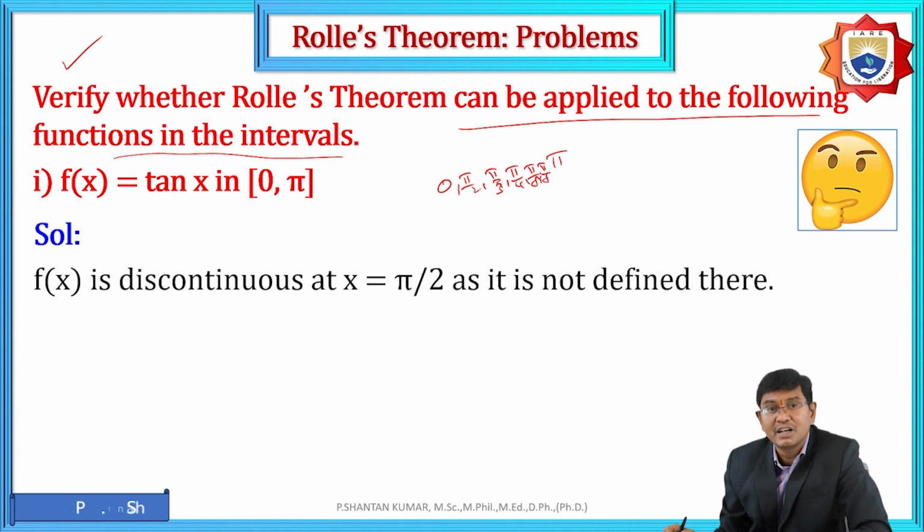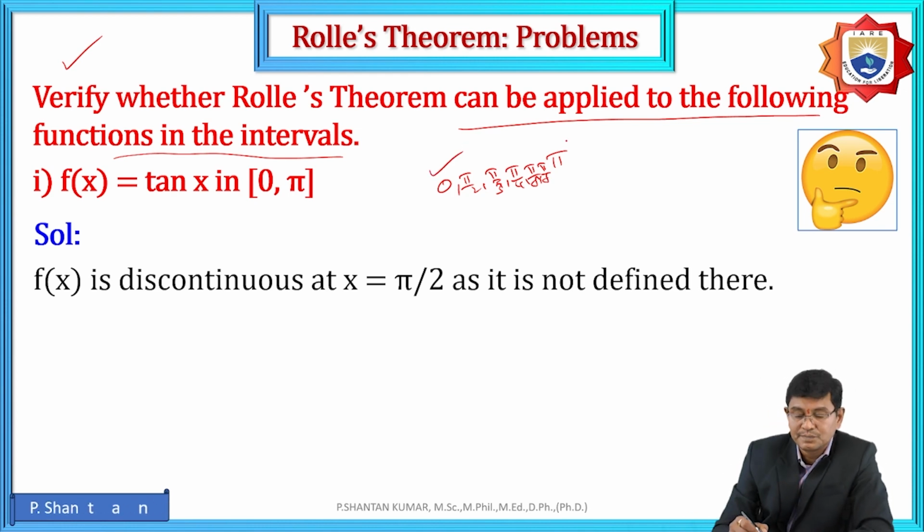By taking all these values, the first one is 0, the second one is also 0, and pi by 4 is also some value, and other values are also applicable.